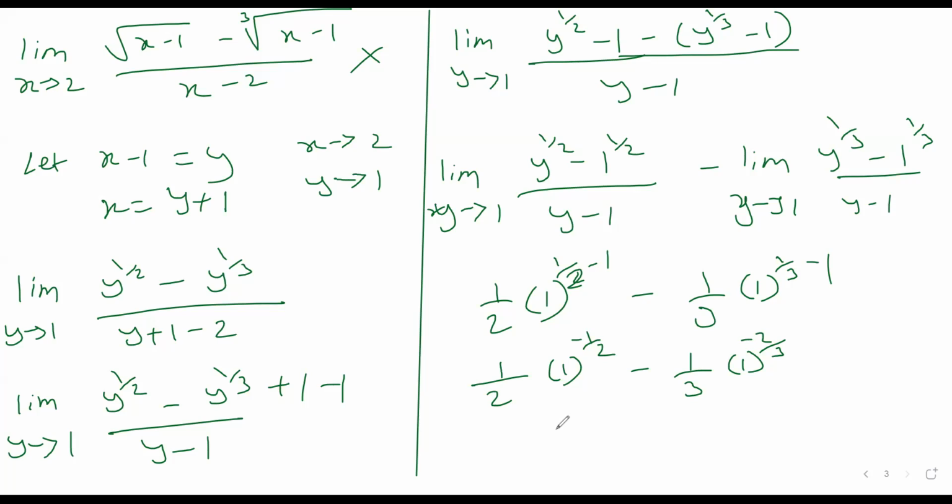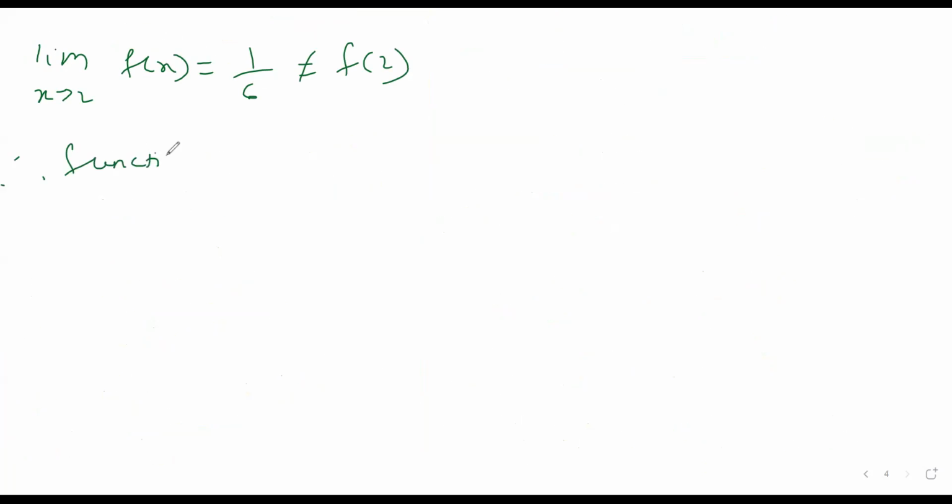One raised to anything is 1. So our answer will be 1 by 2 minus 1 by 3, that is 3 minus 2 upon 6, that is 1 by 6. So limit x tends to 2, f of x is 1 by 6, which is not equal to f of 2. And therefore, function is discontinuous.